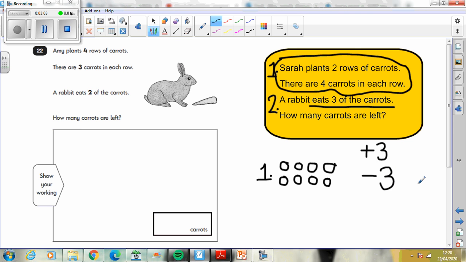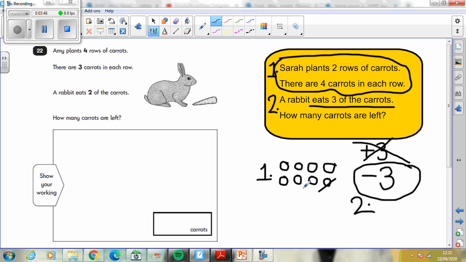This is where word problems can be quite tricky because they require children to really think about the maths within the word problem. What does that mean in mathematical terms? If you thought that the rabbit was taking away 3 carrots by eating them, you'd be absolutely correct. Let's cross that out, so we don't need it. So step 2 is to take away 3 carrots.